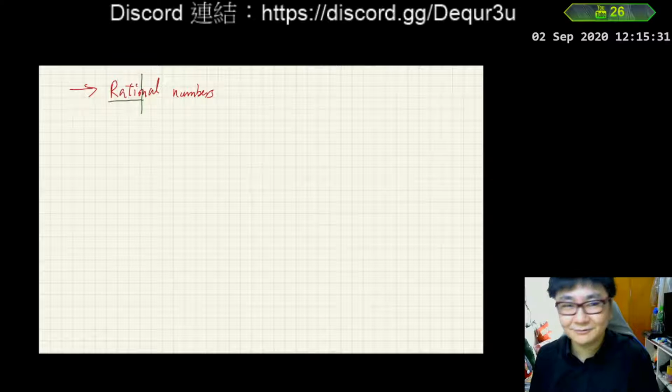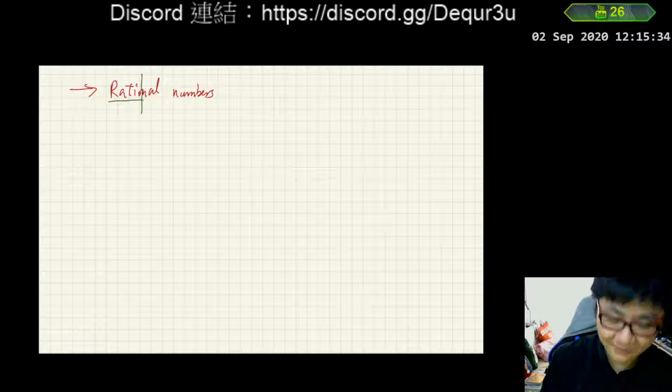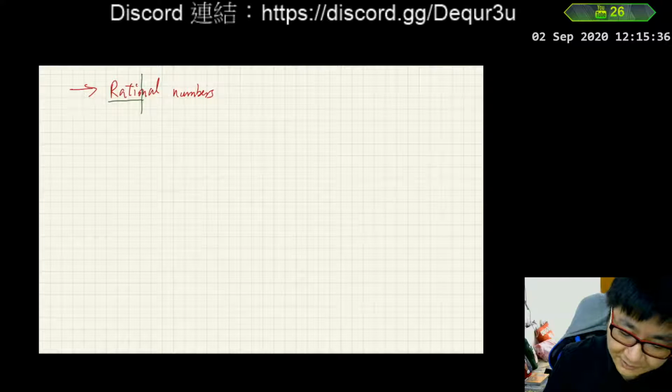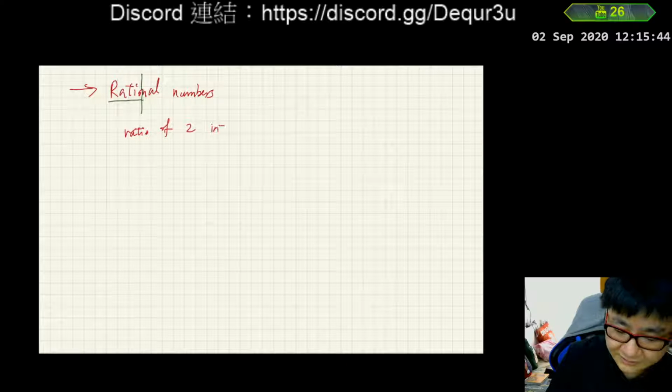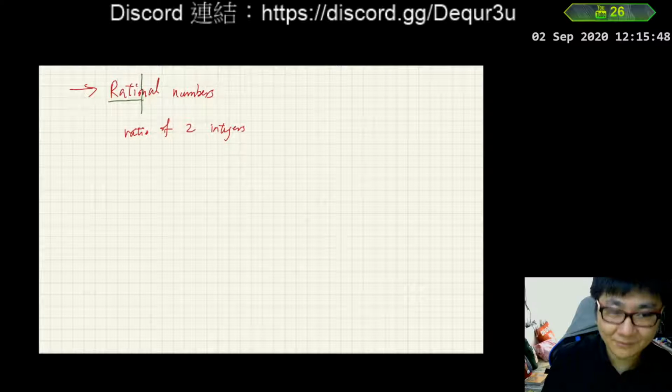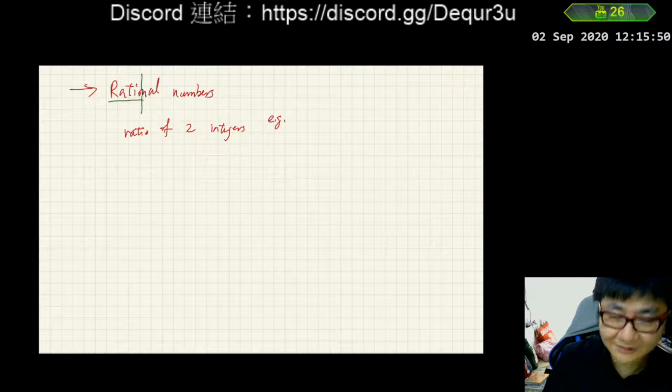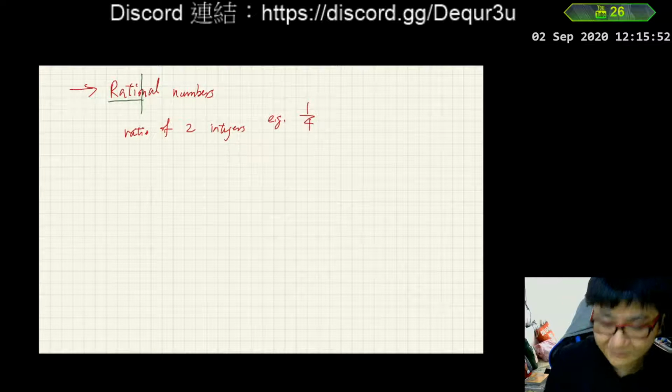To be precise, a rational number means a number which is in the form of ratio of 2 integers. That is, to be more precise, we call them fractions.